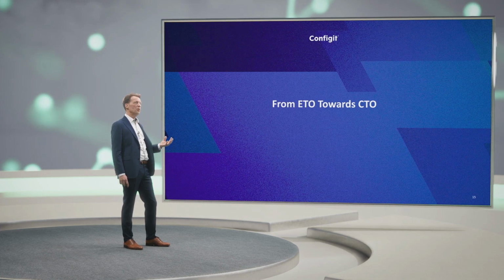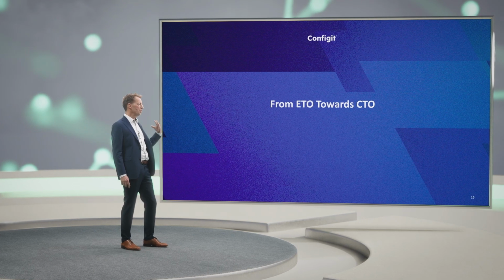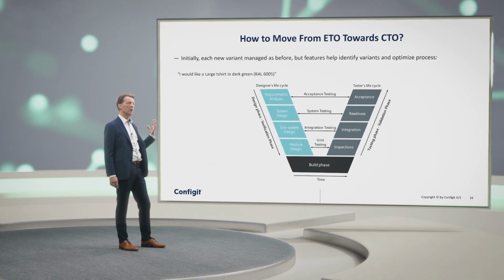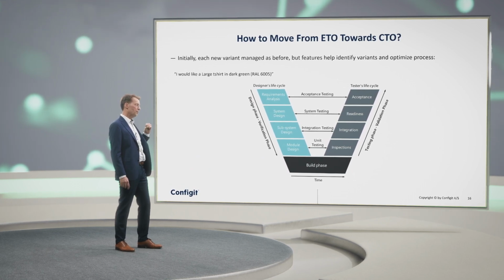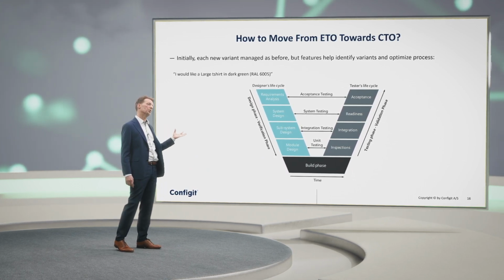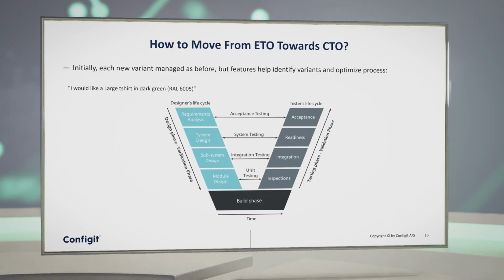So how do we move from engineer-to-order to configure-to-order? We have our features in place, and the first step could be just to start using those features as part of the V model. The requirements as they come in from customers can often be translated to feature statements. I want my t-shirt to be this and this.